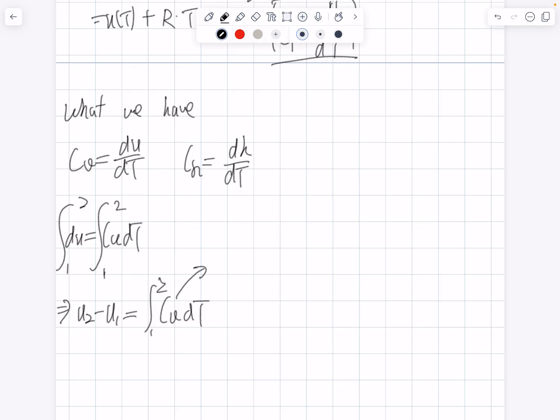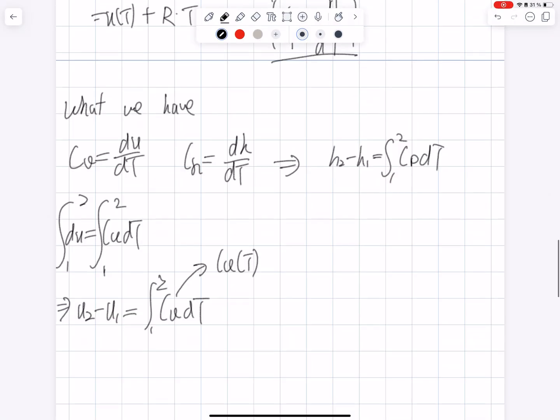Usually in the examples, we can just use C_V as constant, since it doesn't change that much with temperature. This one is the same process, so do the same process and you will get H2 minus H1 equals the integral of C_P dT.